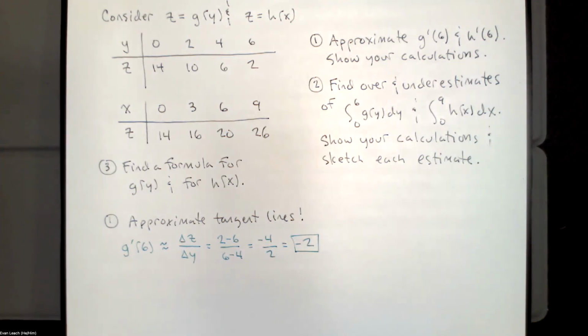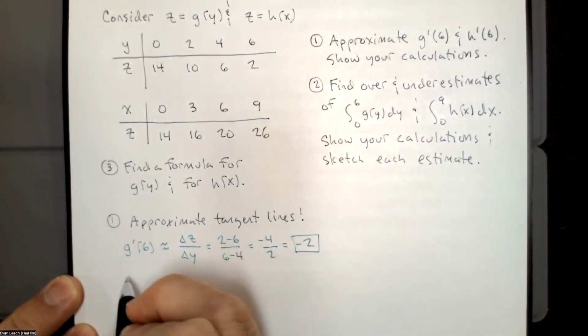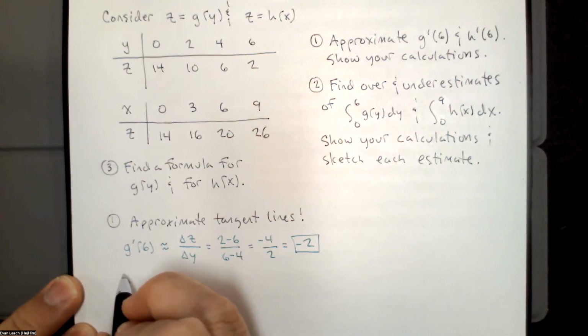Then we'll do the same thing for h prime of 6. Now in h prime of 6, I just remembered why I use 6 and not 9. For h prime of 6, we have 2 different sides we can go on. We can go what's happening before 6 and what's happening after 6. So 2 choices for h prime of 6.